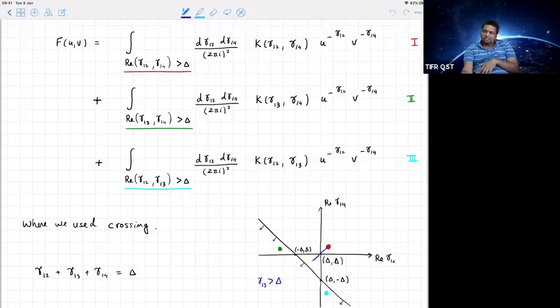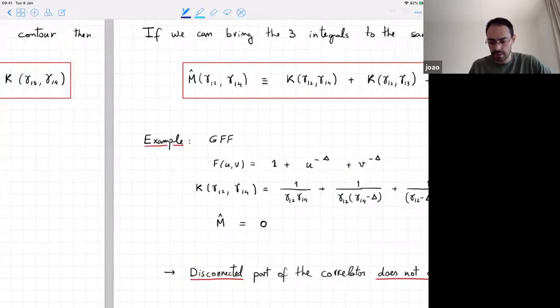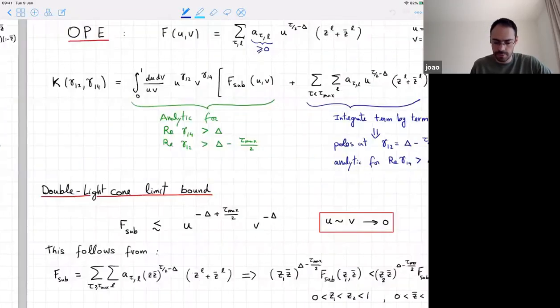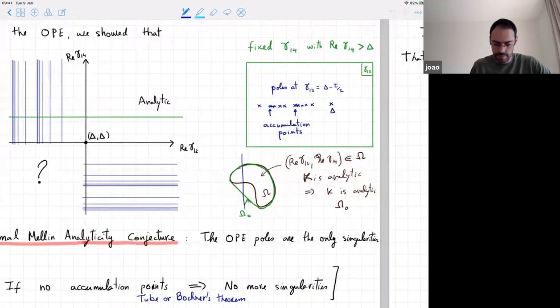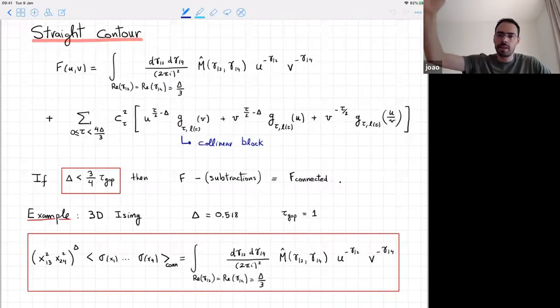And in the Ising model, this piece is absent? In the Ising model, this is just a disconnected piece. It's only the identity that contributes. I see. Okay, got it. Thank you. Yes, because the next operator is the stress tensor with twist 1, and that's already after.